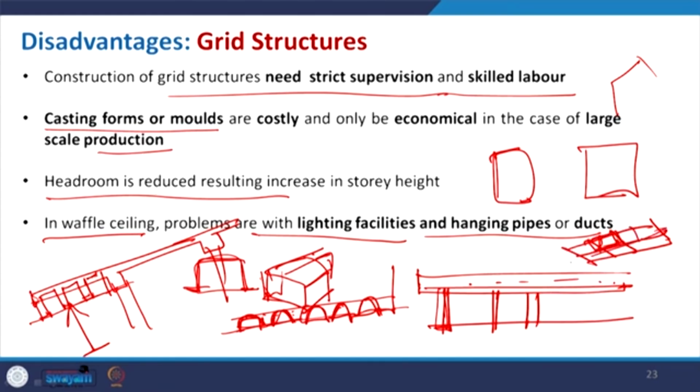Also for the hanging pipe services or ducts, if they are not inbuilt, the way I have shown in the services, how you can put all these services within the waffle slab construction, then it will be a little bit tough and it will look ugly if it is not properly executed. So, that is one of the disadvantages.